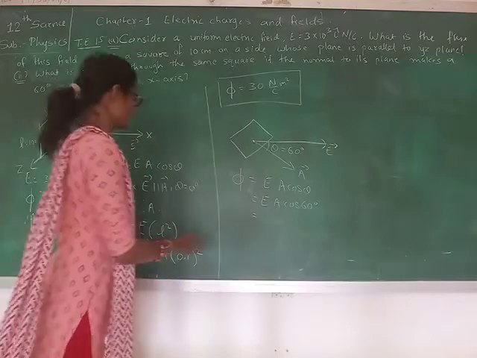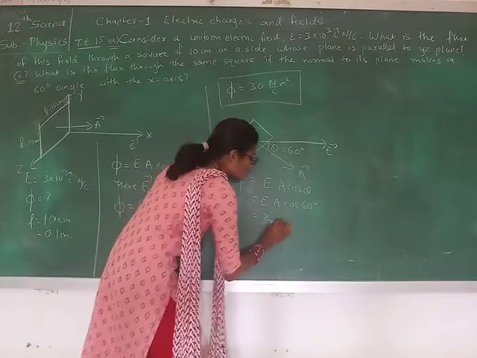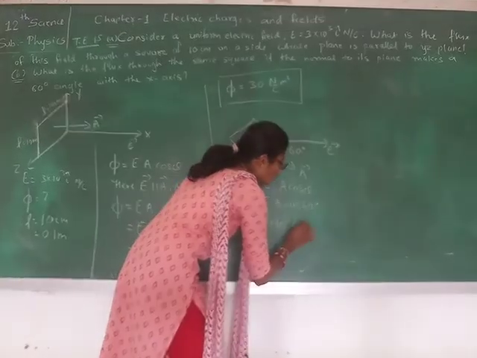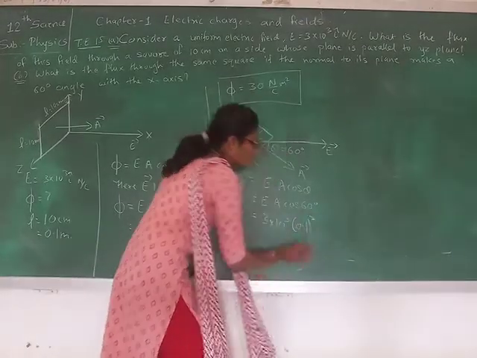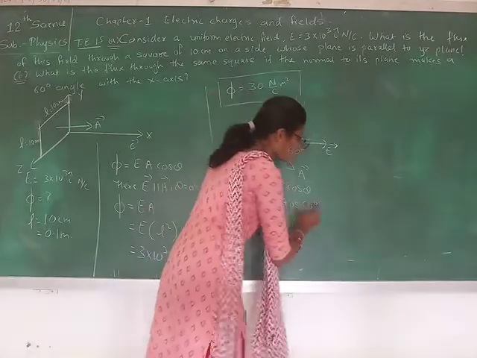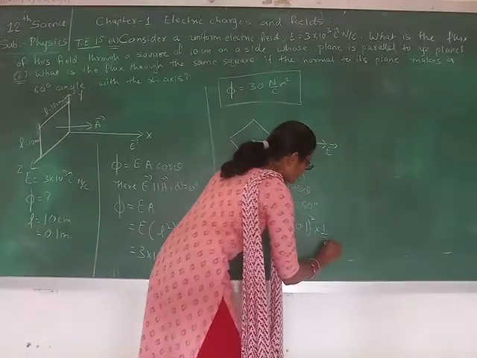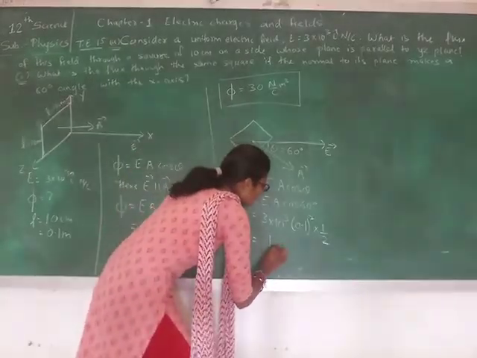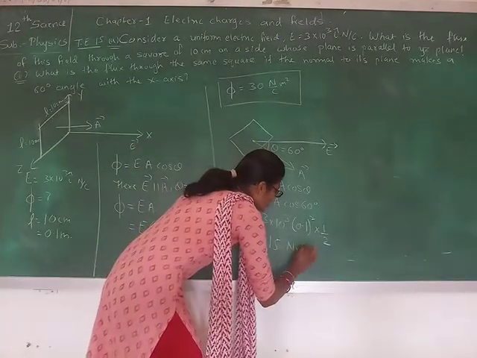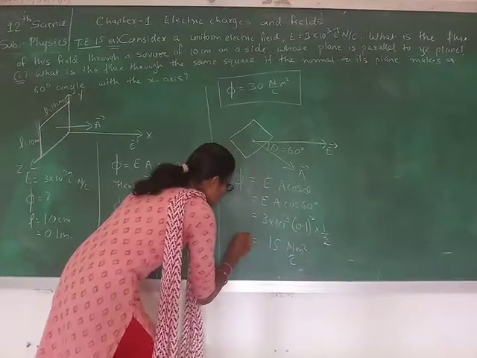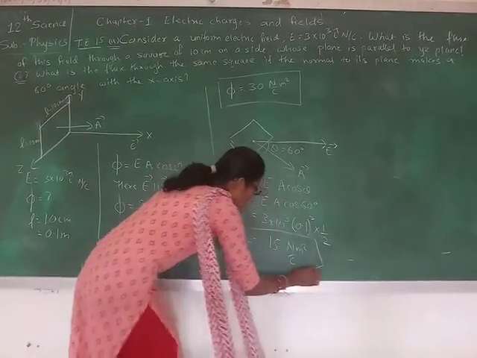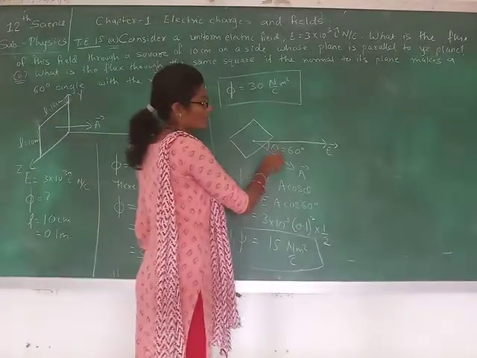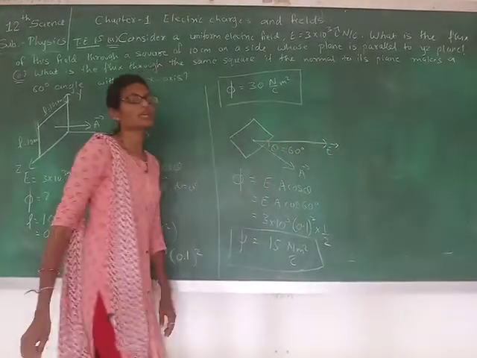The electric field value is the same, 3 into 10 raised to 3. Area of the same square of 10 centimeter is 0.1 square, L into L. Cos 60 degree is half. When you calculate this, we get the value as 50 Newton meter square per coulomb. So this is the flux passing through the square when its area vector makes an angle of 60 degree with the electric field.